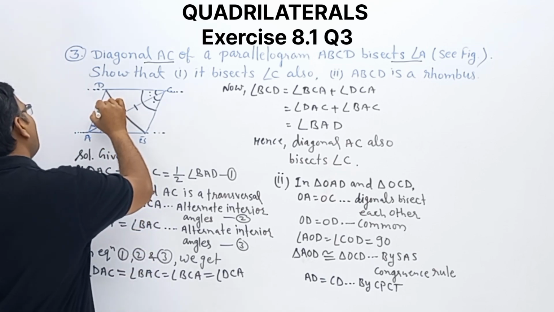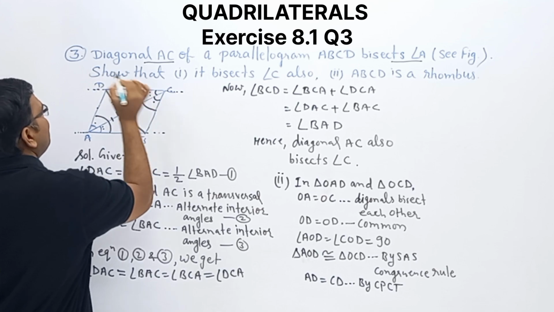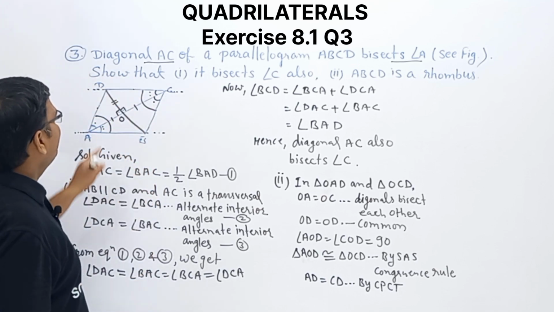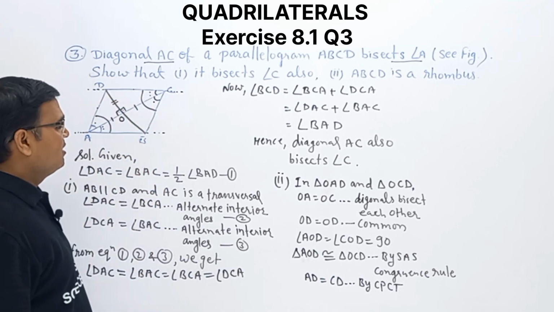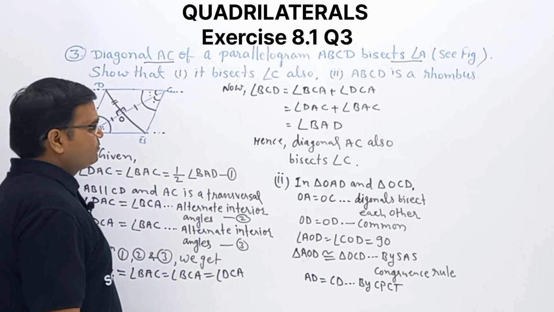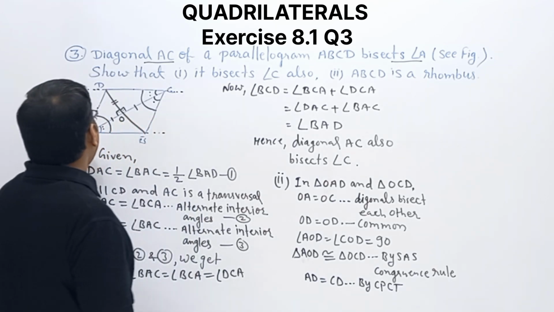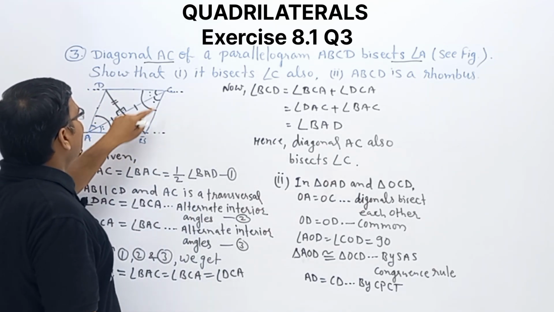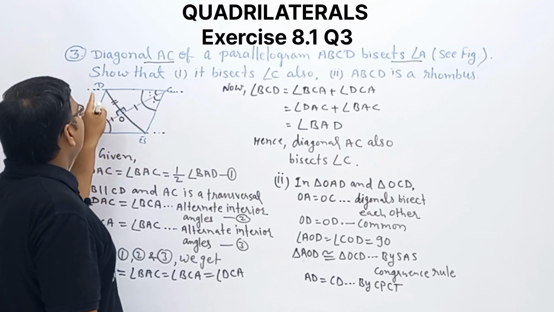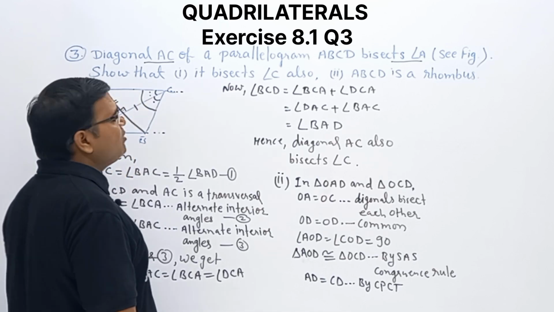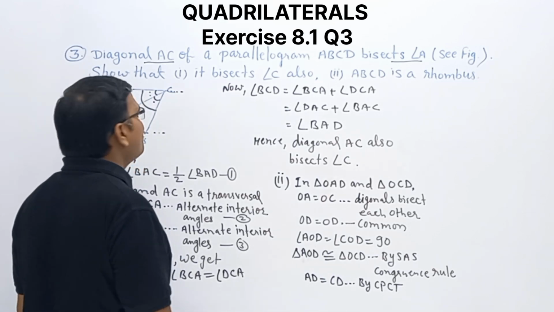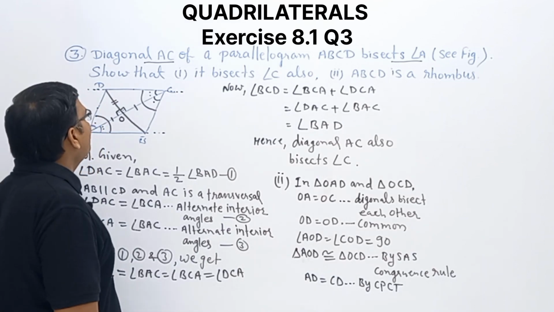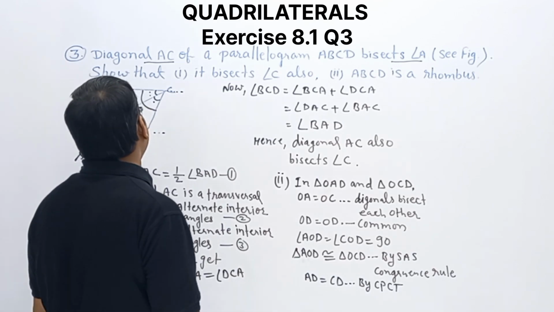Automatically this side will be equal to this one. Clear? Once these two sides are equal, then what can we say? We can say AD equals BC and AB equals CD. Why? Because these are opposite sides, and in a parallelogram opposite sides are equal.